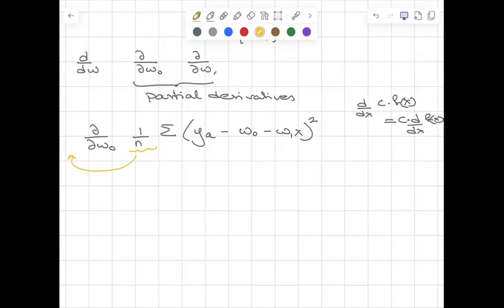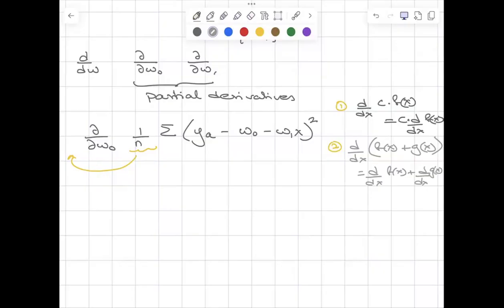Okay. The second thing is that the derivative of f(x) plus g(x). Okay. d by dx of f of x plus g of x is the derivative of f of x plus the derivative of g of x.